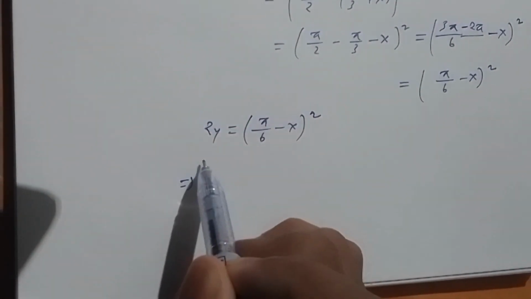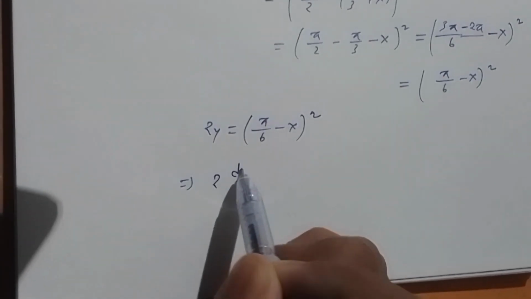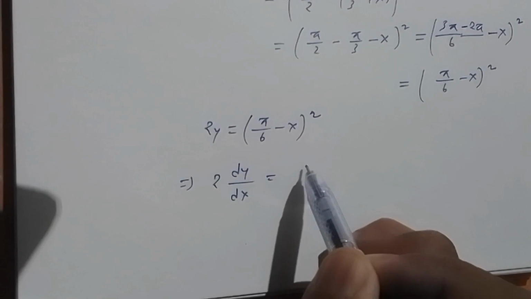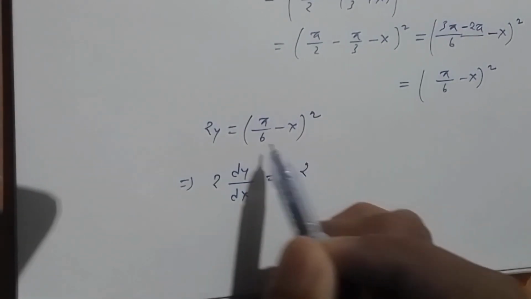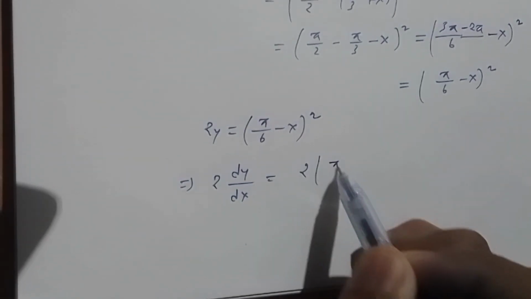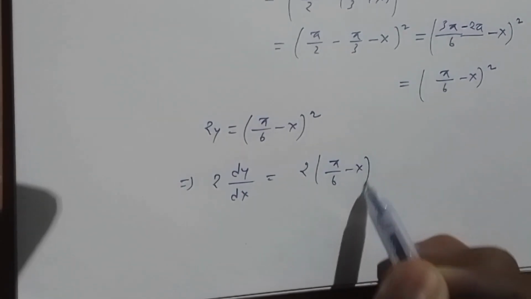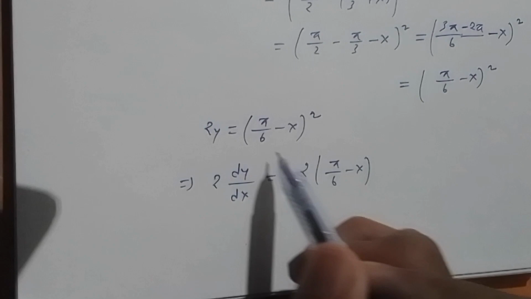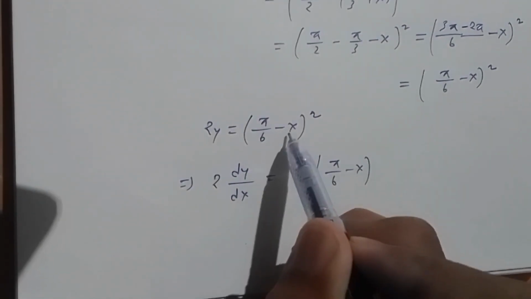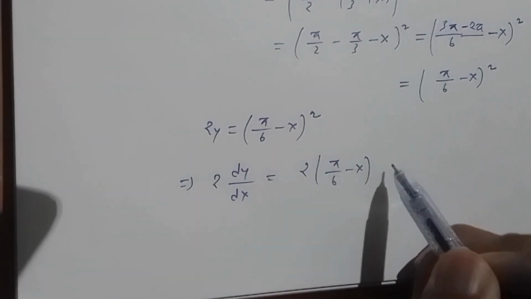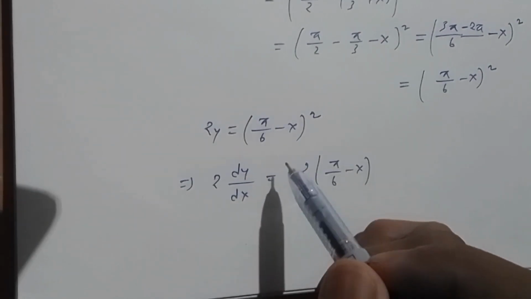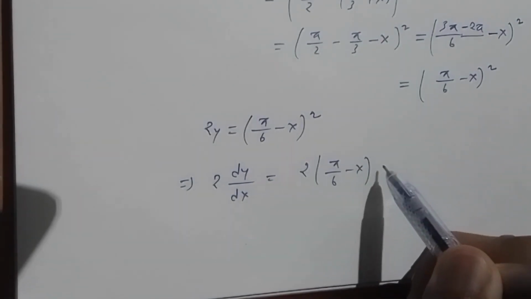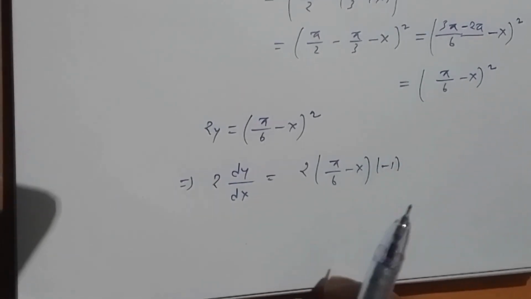Differentiating with respect to x, 2 is a constant, so 2 dy by dx is equal to 2 times (pi by 6 minus x) to the power 2 minus 1, which is 1. And using the chain rule, pi by 6 minus x should be differentiated. Pi by 6 is a constant term, so its differentiation is 0, and minus x differentiates to minus 1.